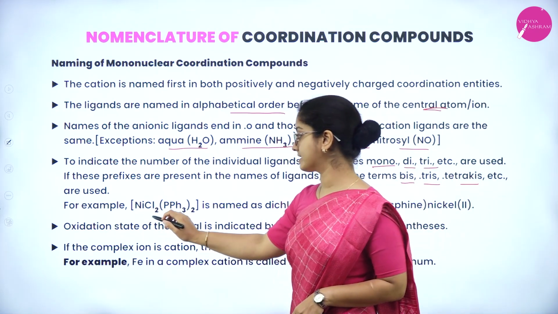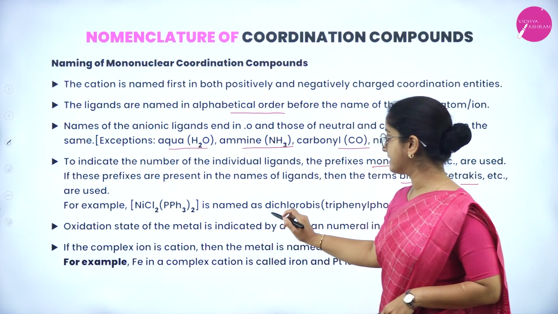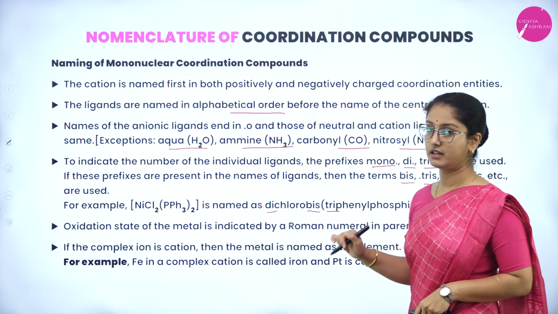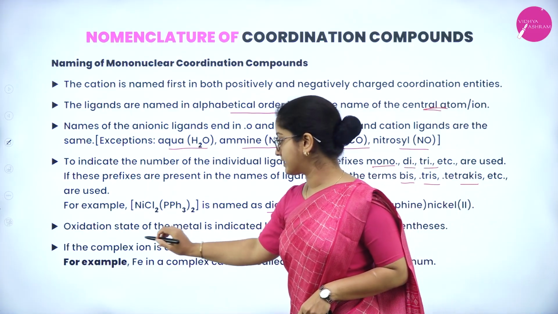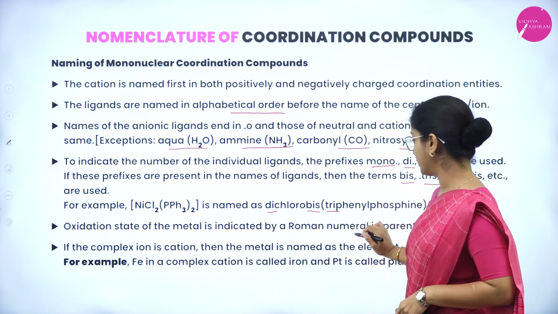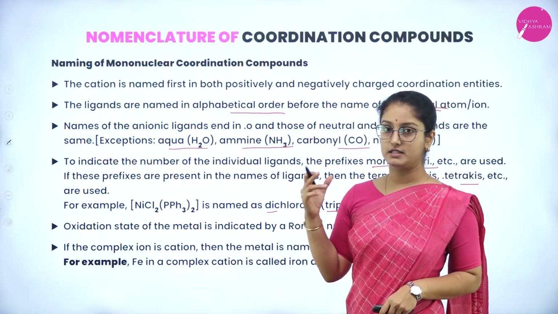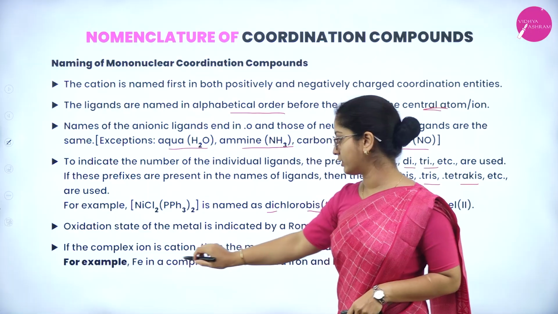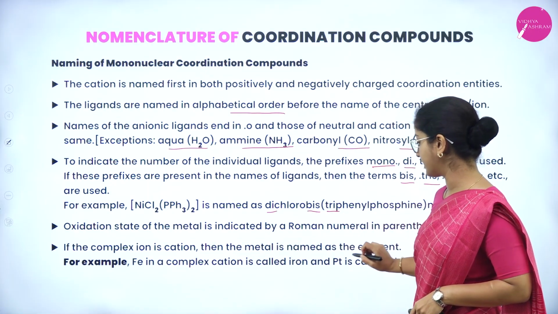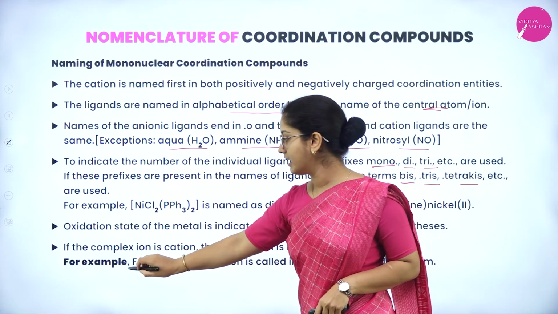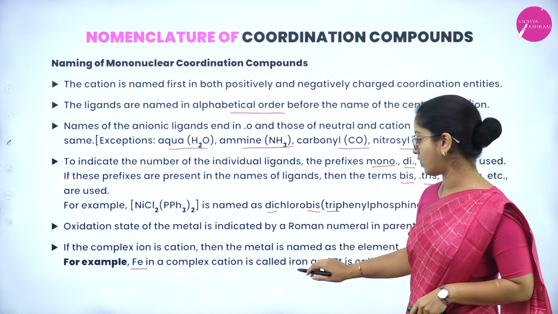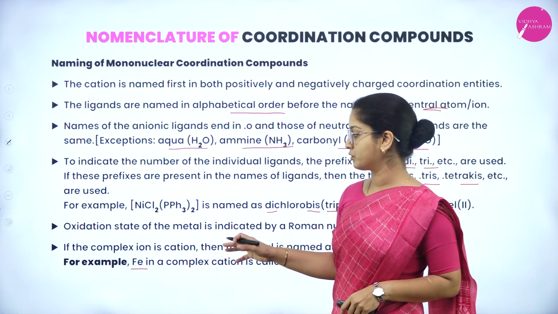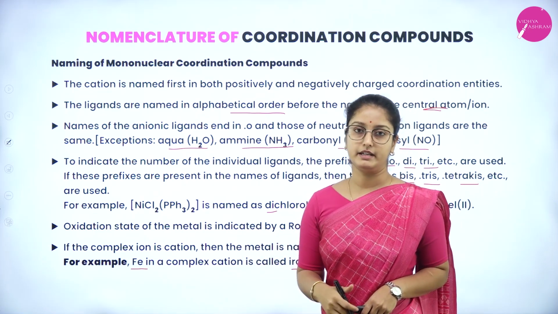For example, [NiCl2(PPh3)2] is named as dichloridobis(triphenylphosphine)nickel(II). The oxidation state of the metal is indicated by a Roman numeral in parentheses, that is nickel(II). If the complex ion is a cation, then the metal is named as the element. For example, Fe in a complex cation is called iron and Pt is called platinum. So we have to use the name of the actual element.